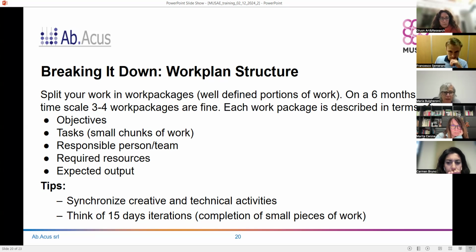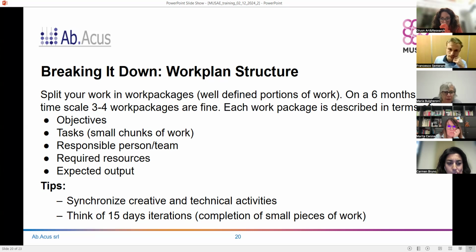You have to decide who will be responsible, a person or a team, how many hours or days you think you need, because if you have 5 people, you have to decide which people to put to work on what, and what your expected output is. Because if you go back to the SMART objectives, you need to be able to assess and evaluate the result of each work package. This is what is normally done in a work plan structure.